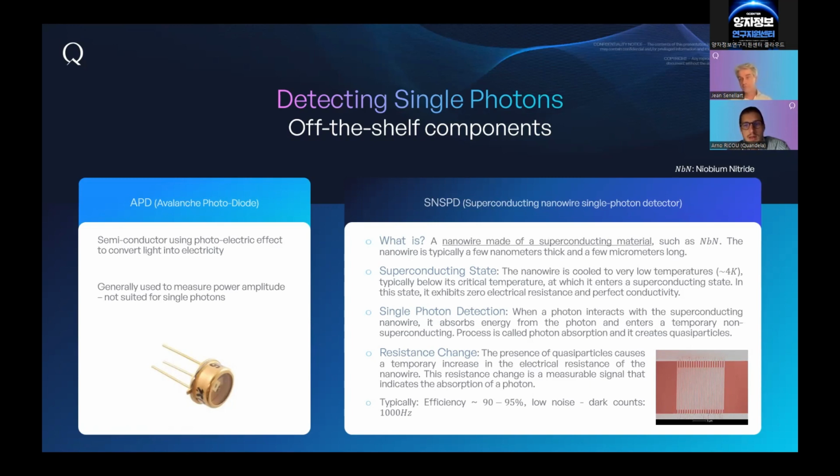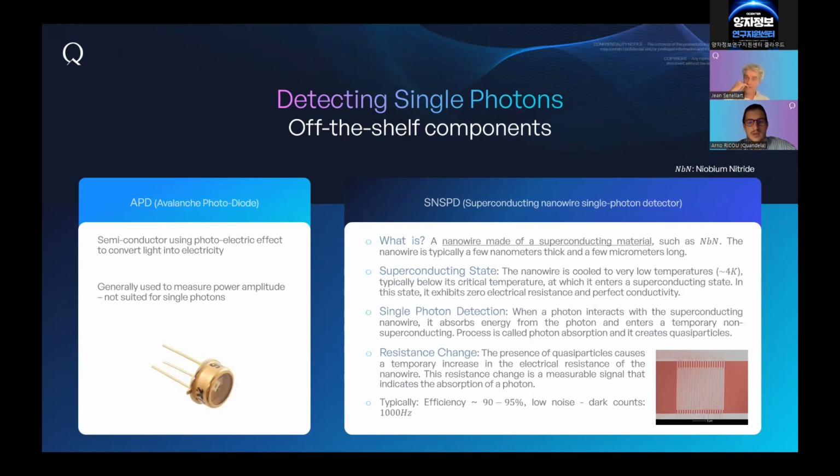And it's cooled at a very low temperature in order to reach its superconducting state, so that whenever a single photon comes in, the material will absorb it, and it will enter a temporary non-superconducting state. And we are able to detect this thanks to the voltage that we measure across this detector.